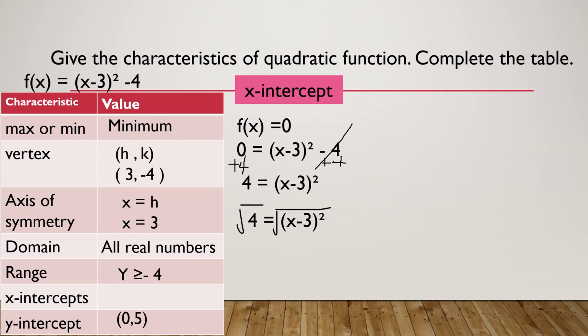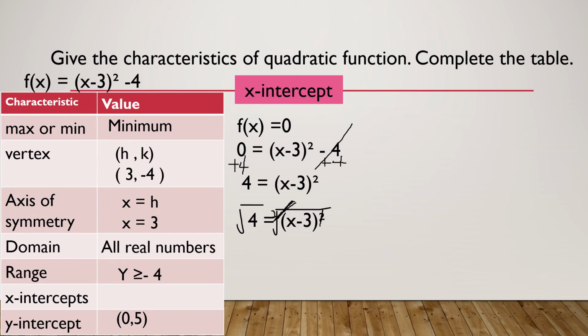Which means, this radical sign or this square, we can cancel that one. Matatanggal na yan. Yung square dito dahil may radical sign dyan. Understood dyan na may 2 siya dito na index.